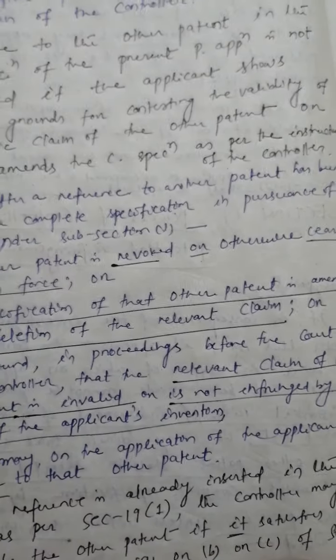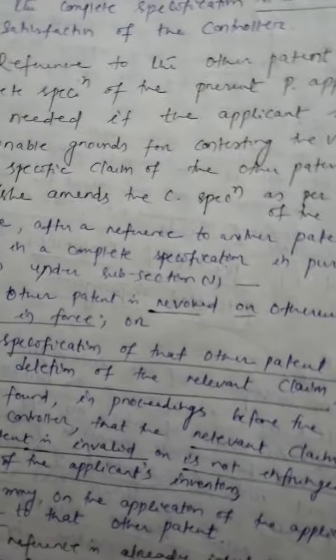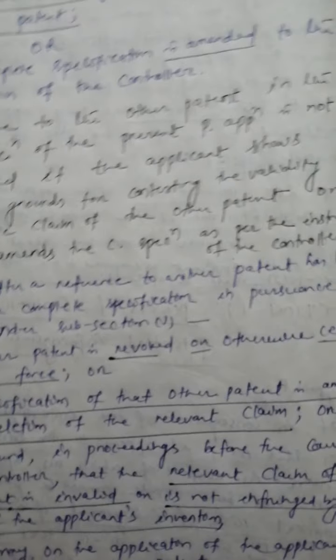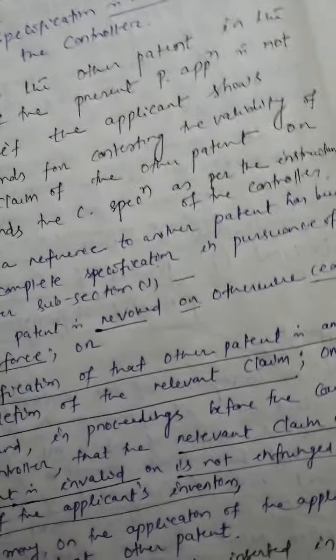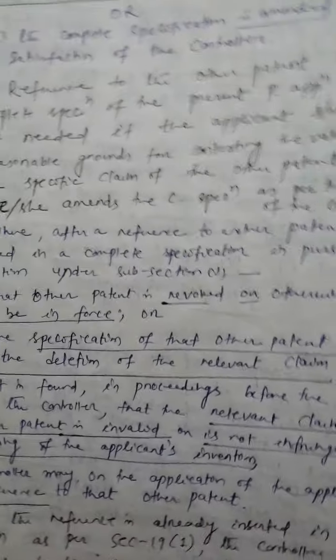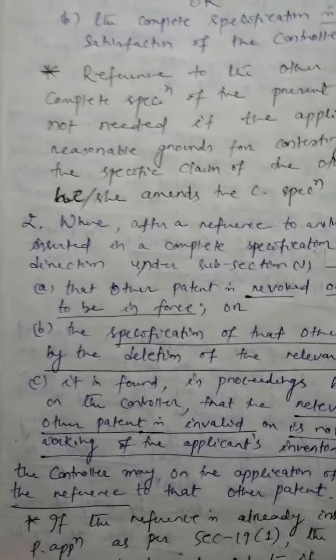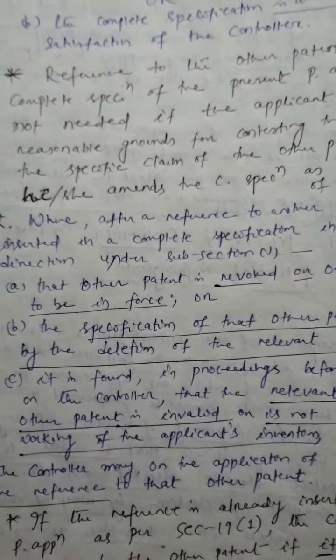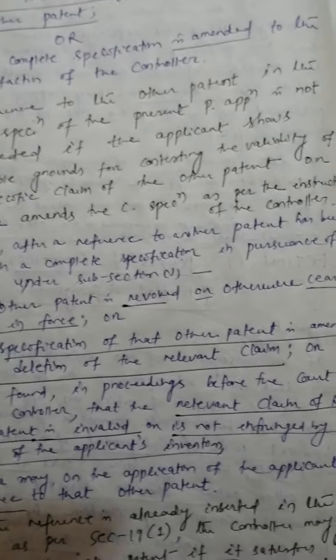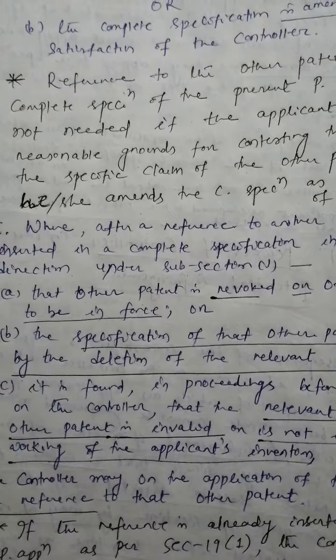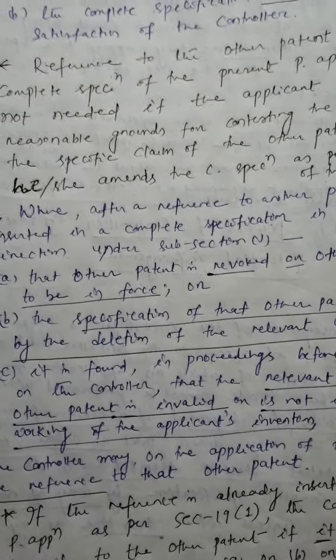The same thing. That means if the reference is already inserted and the applicant now wants to delete it, then he cannot delete it himself. He can request the controller to delete the same if the three clauses' conditions are satisfied. That means clause A, that other patent is revoked or otherwise ceases to be in force. Just take a look at the underlined words in all three clauses.